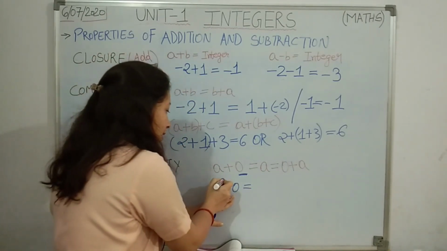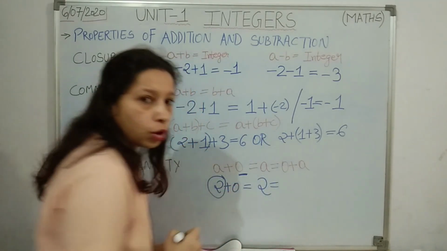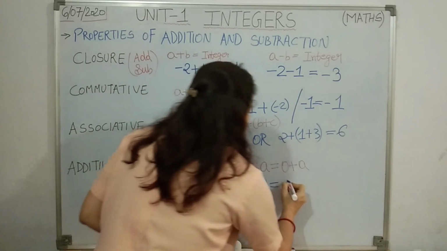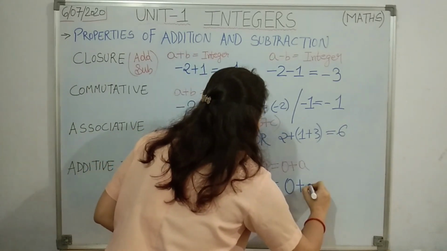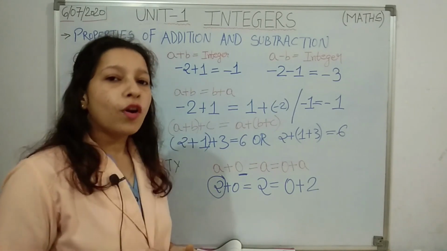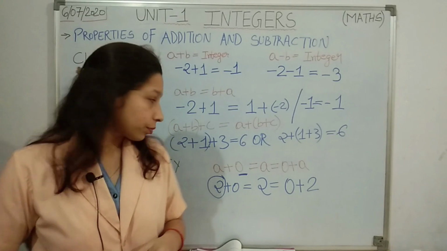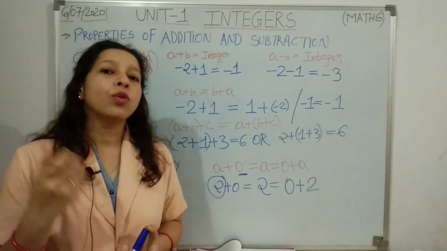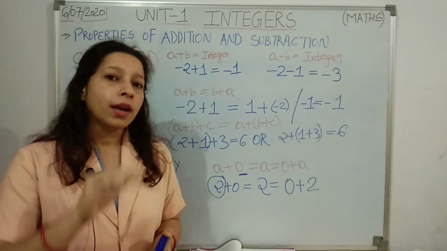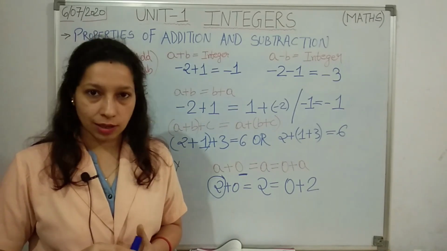The result will be the same integer. 2 plus 0 will be 2. Understood or not? Or if with 0 we are adding any integer, suppose 0 plus 2, again the result is 2. So for any integer the additive identity is equals to 0.